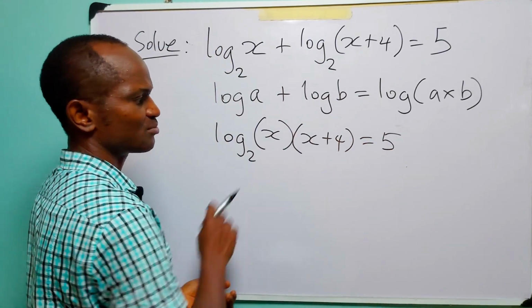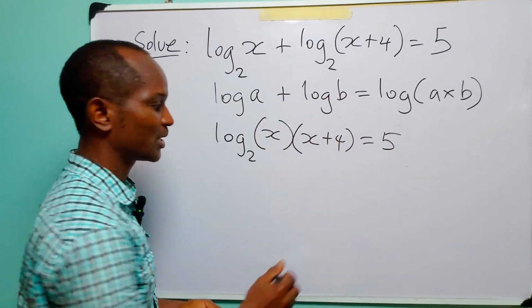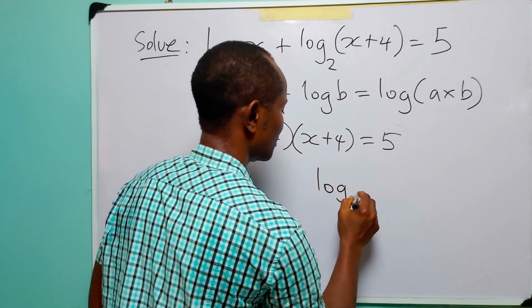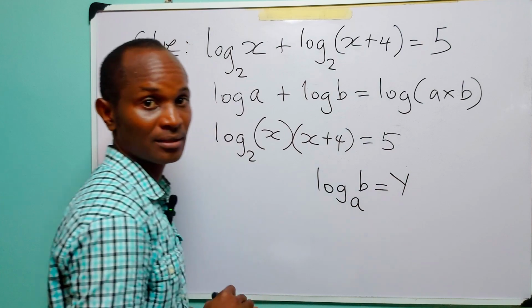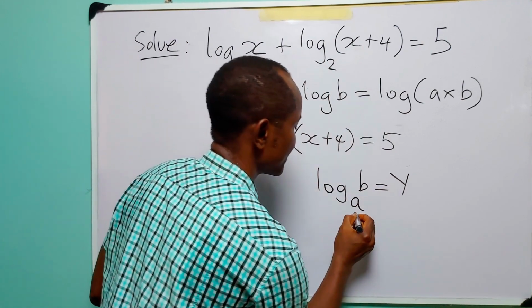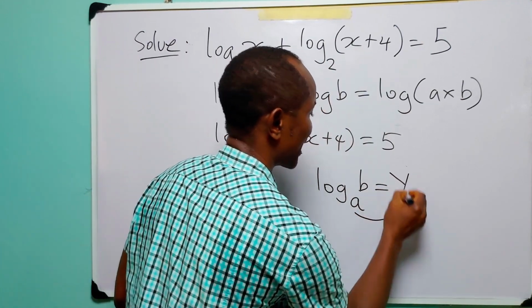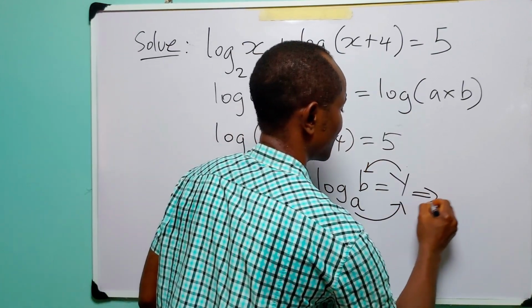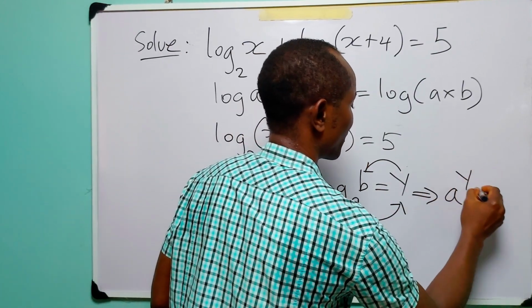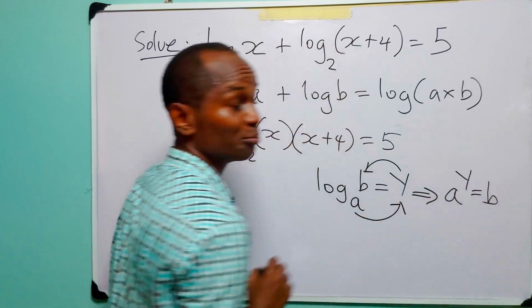Now, having gotten to this point, let us also remember that when we have log to base a of b being equal to y, this simply means that a to the power y is equal to b.